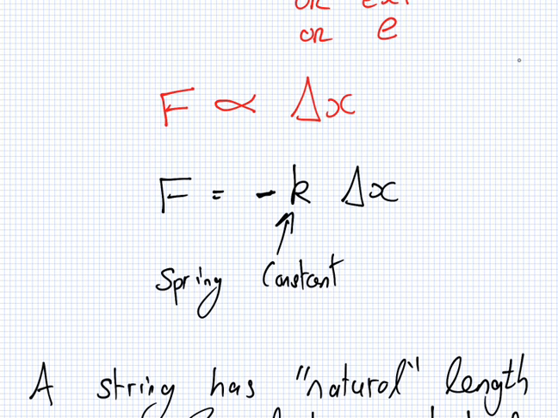If I just bring the delta x to the left, I get K equals F over delta x. So what are the units? Newtons for F, and meters for x. Do you see that or not? Let me show you.